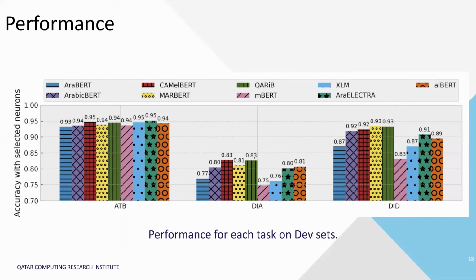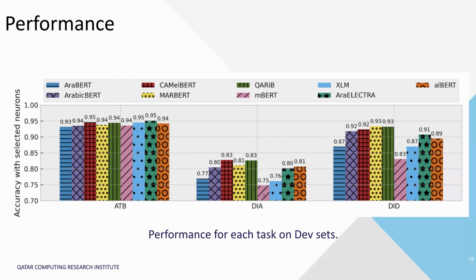They are all trained using MSA plus dialectal Arabic, and you can see that they perform well in the tasks related to dialectal Arabic, in code switching, and even in MSA. Electra performs very competitively too, but the models that contain both Arabic and dialectal Arabic perform significantly well.